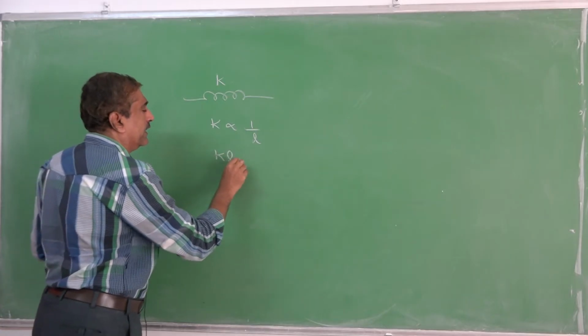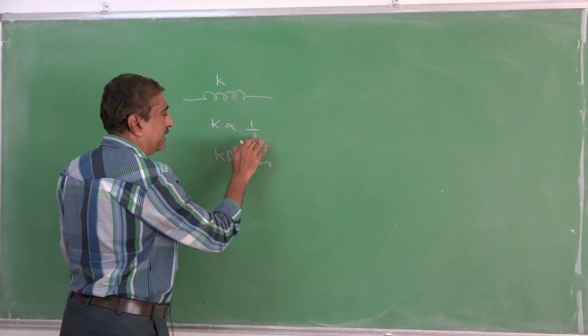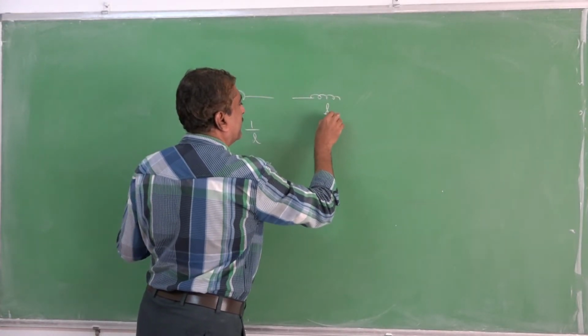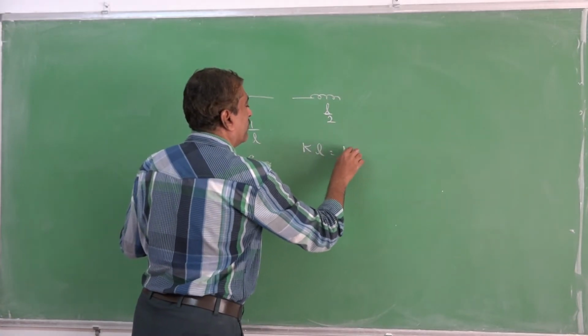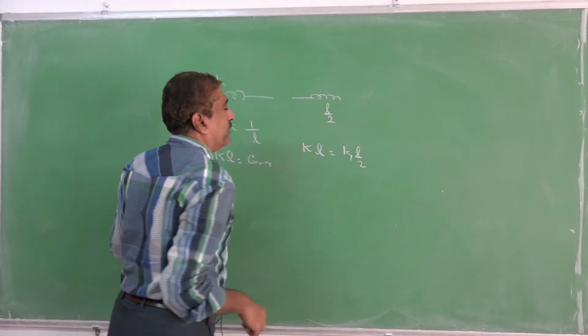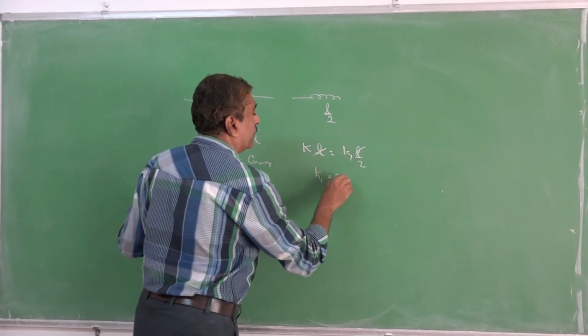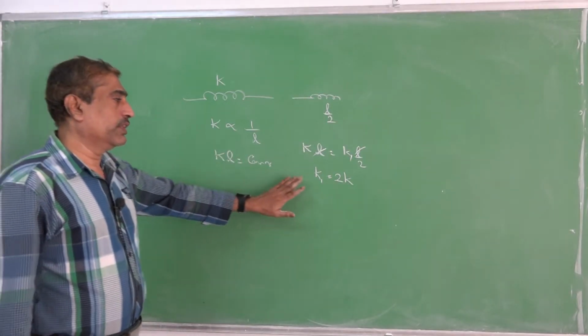Therefore, KL is equal to constant. So, if K is the spring constant and L is the original length, and it is cut into two parts, that means into a length of L by 2, then we can write K into L is equal to K1 into L by 2. So, K1 is equal to 2K. Okay? So, you remember this one.